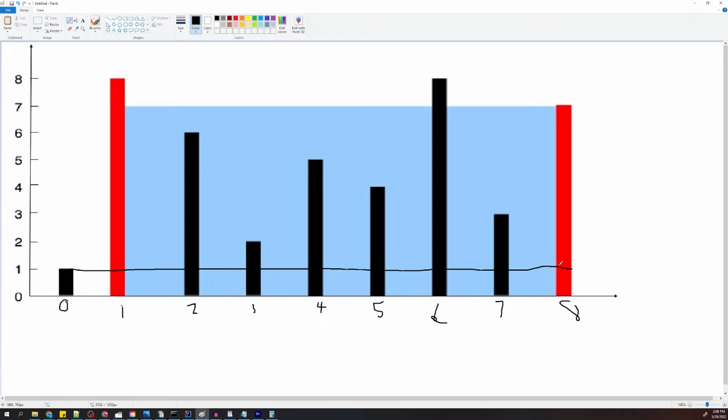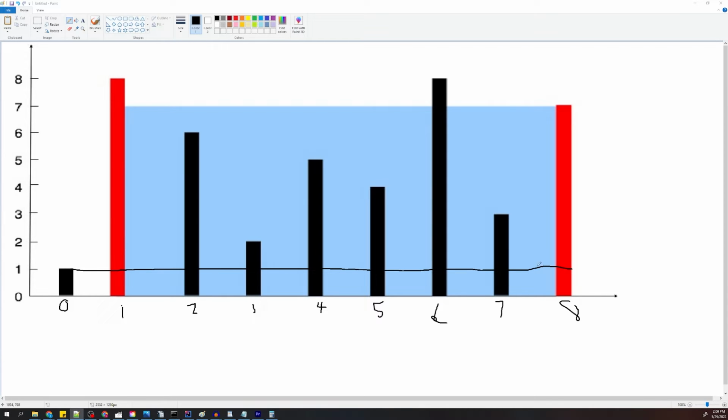And if we were to figure out the area of this, or the volume of water, I guess it'd just be area. So this would be the height.